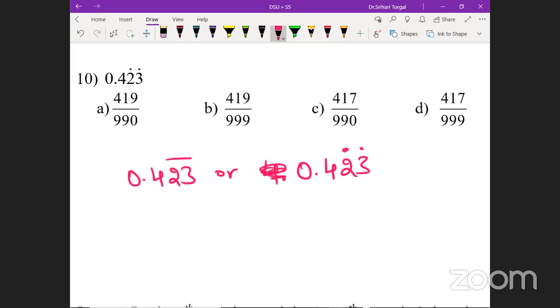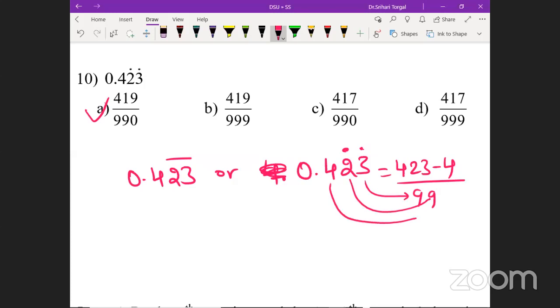Both are the same. Correct. 423 minus 4. There is no dot, so 0. Correct. You can check it out using a calculator also. You will get the same result.